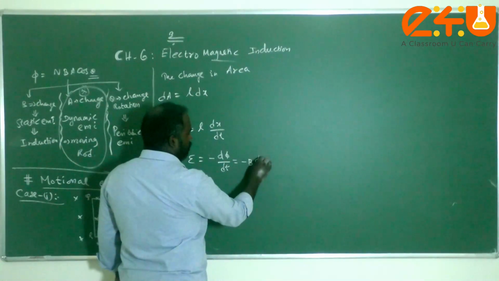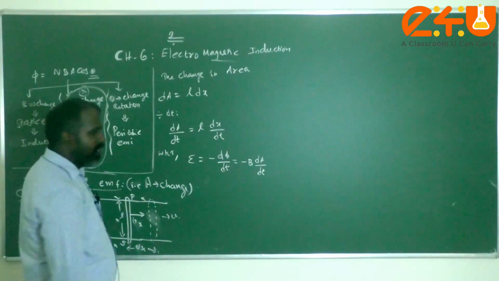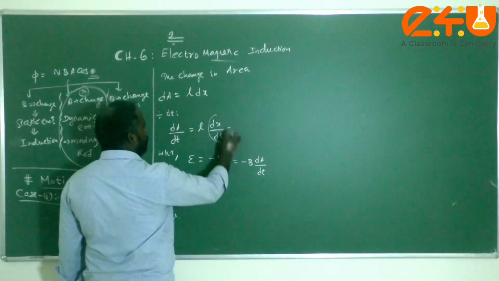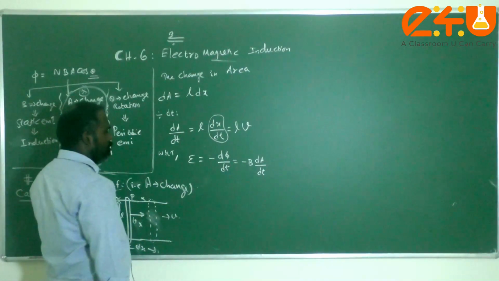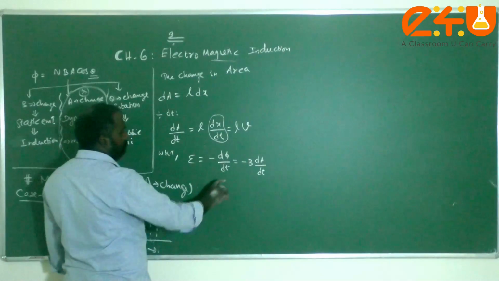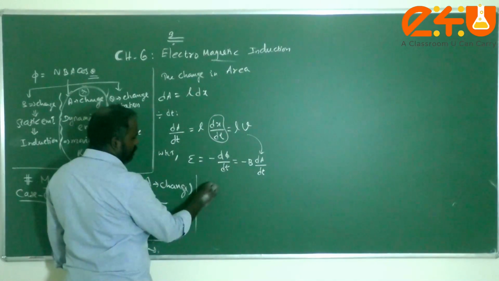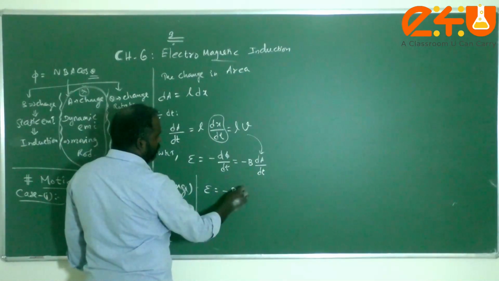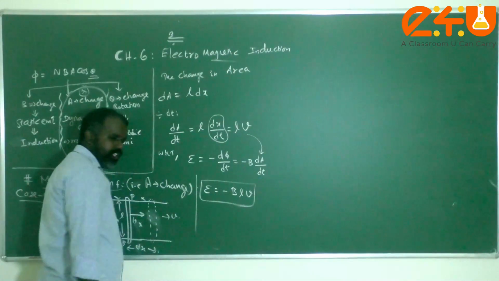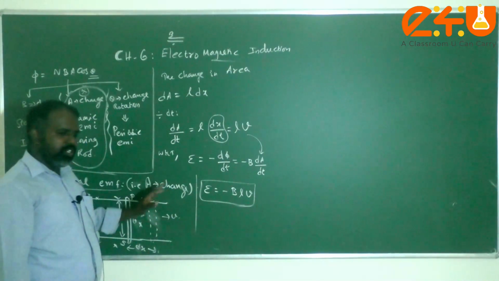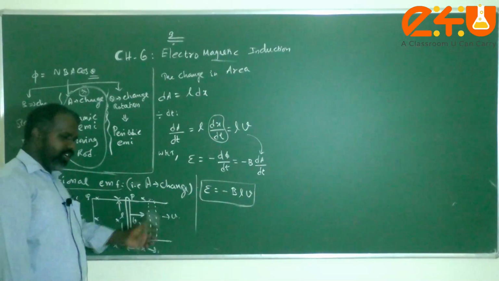Therefore, E is equal to minus B dA by dt, and dx by dt is nothing but the velocity of the motion. Substituting the value of dA by dt, E is equal to minus B L V. This is the expression for motional EMF whenever a conducting rod is moving either outward or inward.